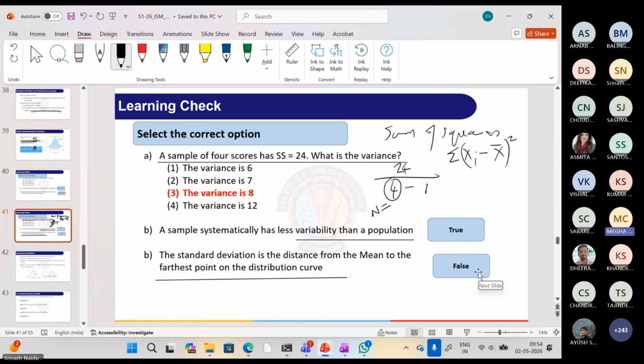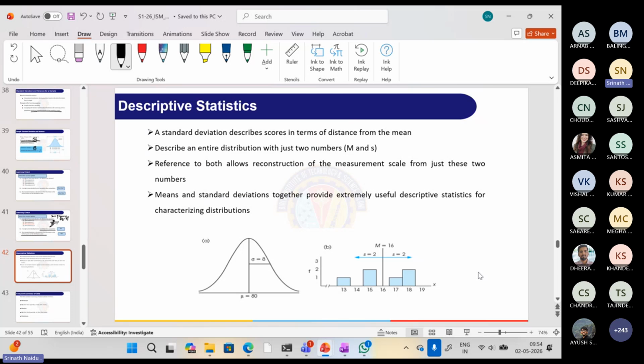Okay, thank you. So descriptive statistics basically means that you describe an entire distribution with just 2 numbers, M and s. Reference to both allows reconstruction of the measurement scale from just these 2 numbers.